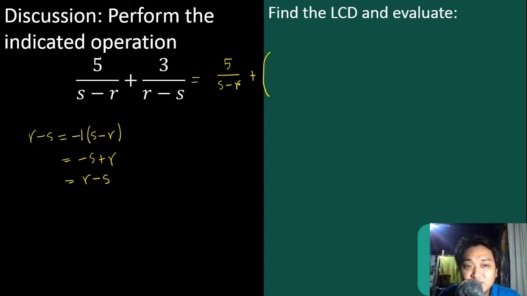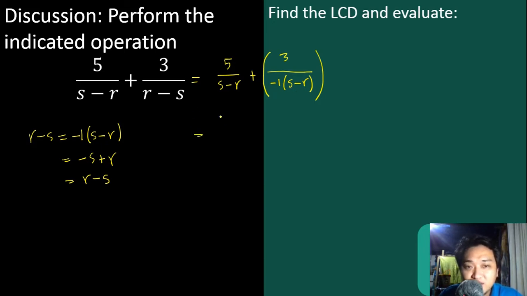So, 3 over r minus s is the same as 3 over negative 1 times s minus r. Diba? Ito yun. Kasi pareho lang naman po sila. R minus s din yan. Naglabas lang tayo ng negative 1.